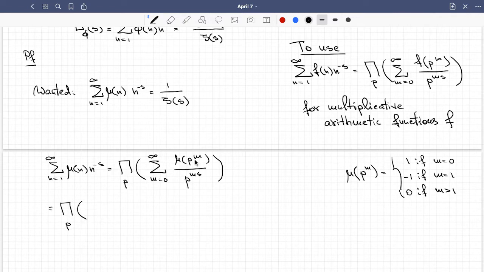When m is 0, mu is 1, and this term is 1. Everything is 1. When m is 1, mu is negative 1.